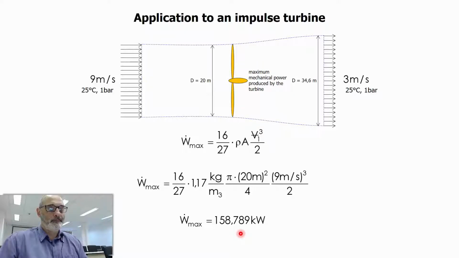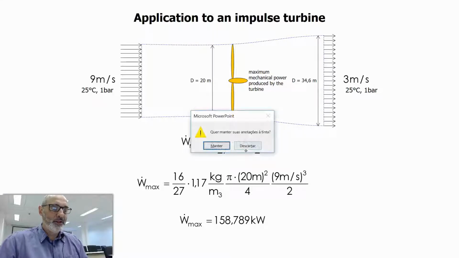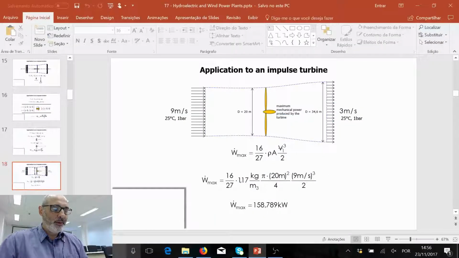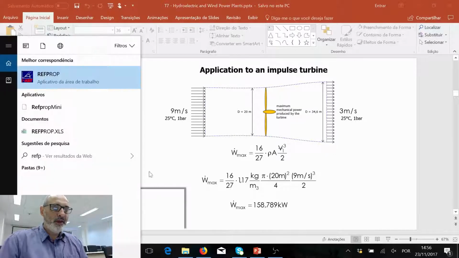What happens at lower temperature? Let's say you have 9 meters per second. Lower temperatures affect the density. The density at lower temperatures is higher, so the power is going to increase. We can do this calculation right now. I'm going to stop my presentation and calculate the density of air at these temperatures.